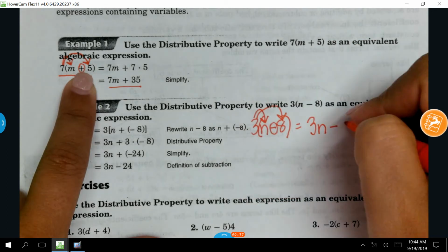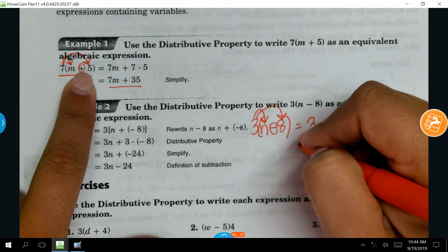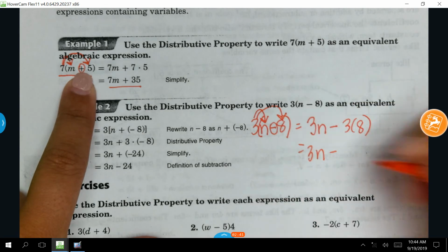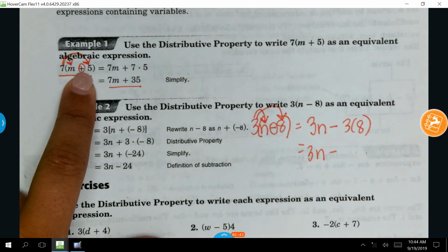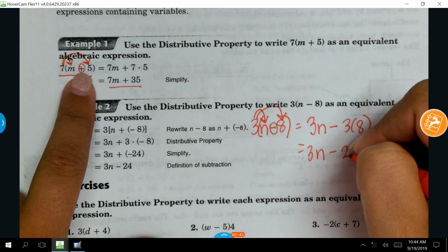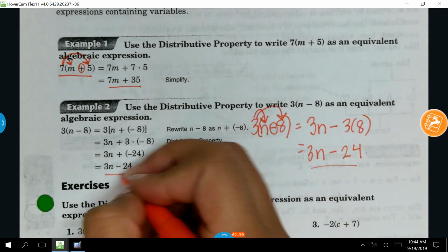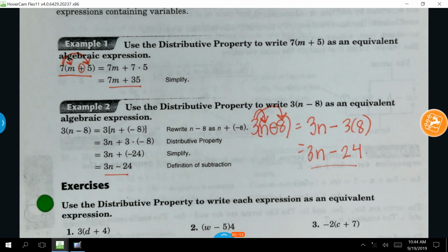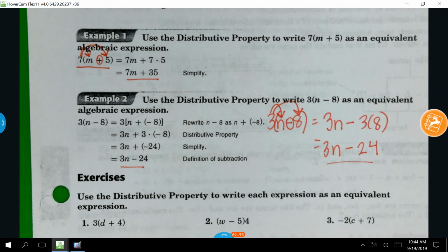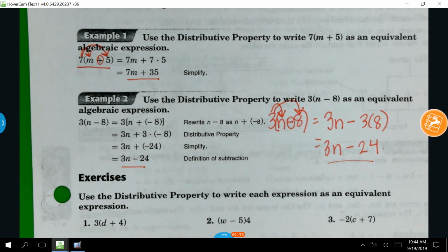So that means 3 times 8, which gives me what? 24. Did I get the same answer as they got over here? Yes. It just took a couple fewer steps, correct?